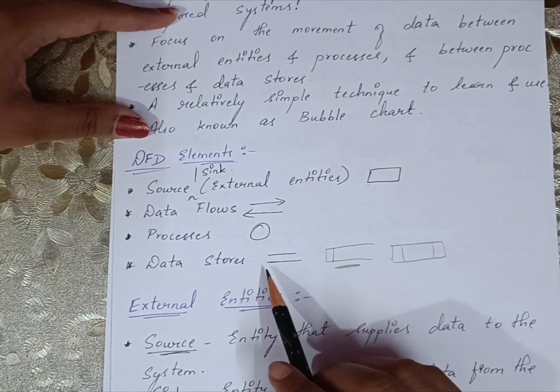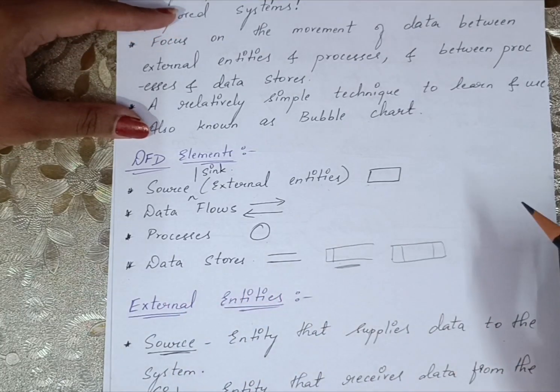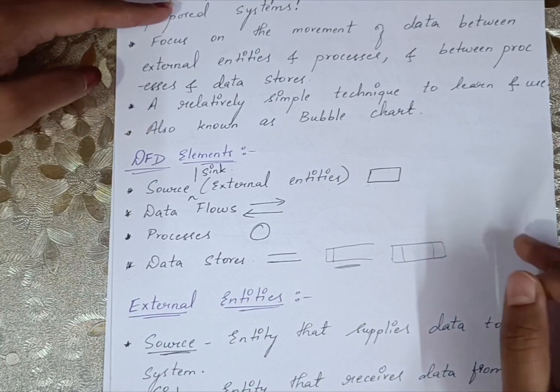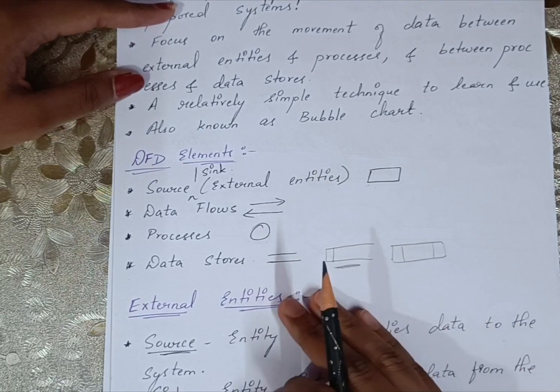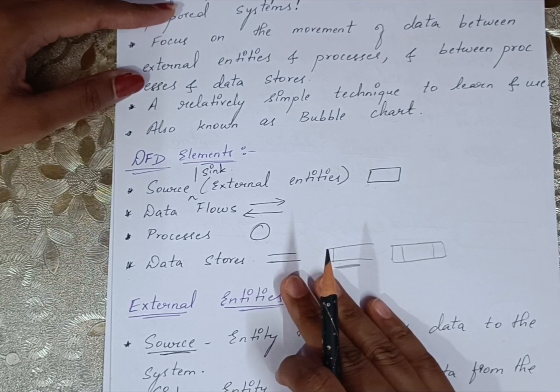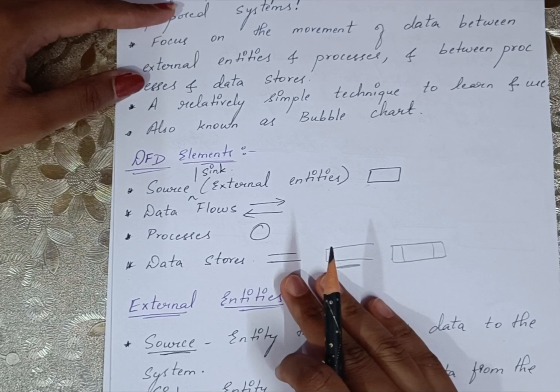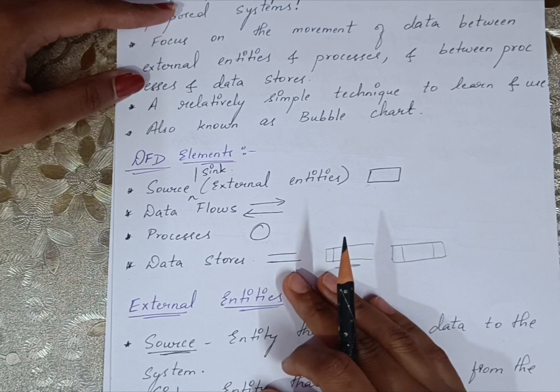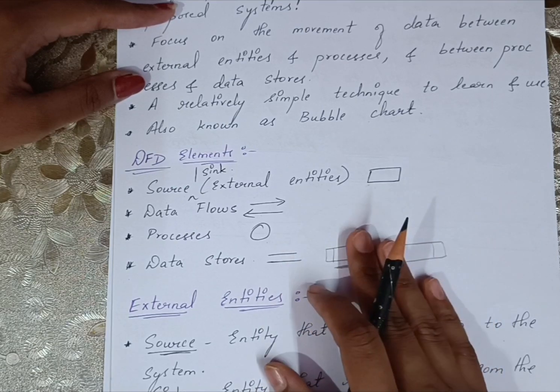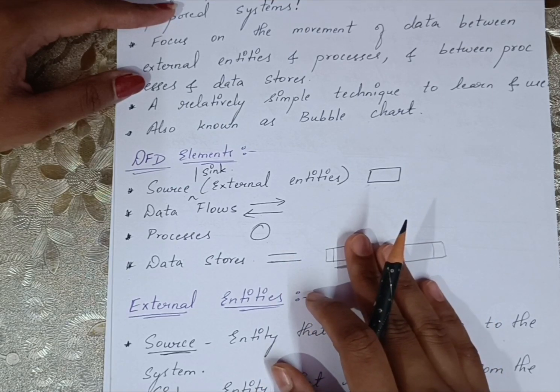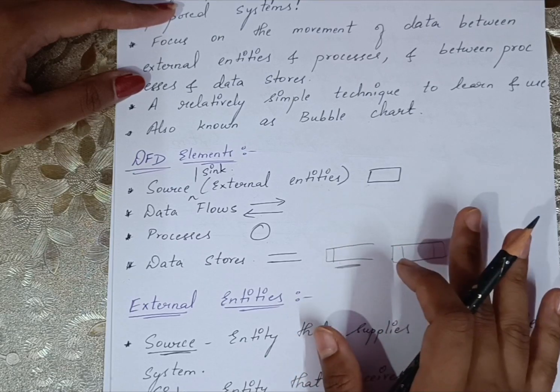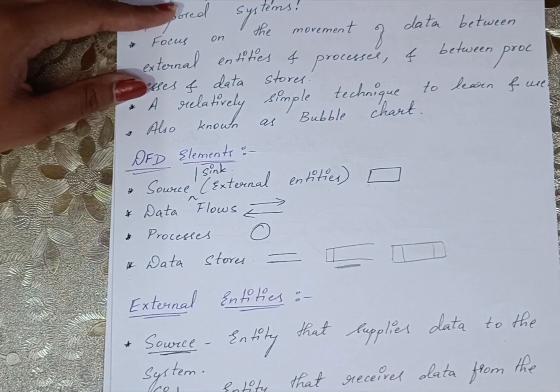So data store is for storing information. These are the four symbols you have to remember first, before you understand more about how to draw a data flow diagram. This is very important from a project point of view. I'm teaching this for a project point of view only.